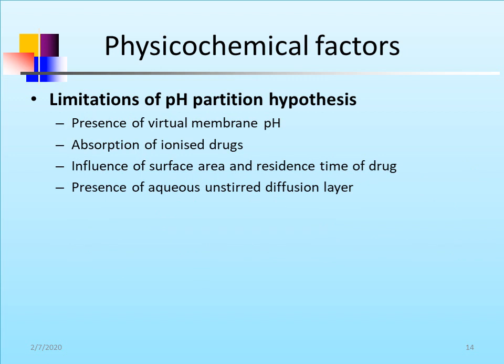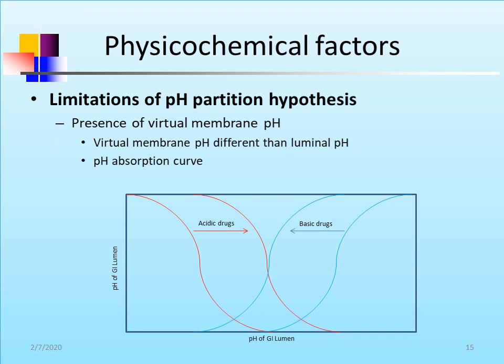Let us move towards the limitations of the pH partition hypothesis. There are four limitations: presence of virtual membrane pH, absorption of ionized drug, influence of surface area and residence time of drug, and presence of aqueous unstirred layer. The very first one is the presence of virtual membrane pH.